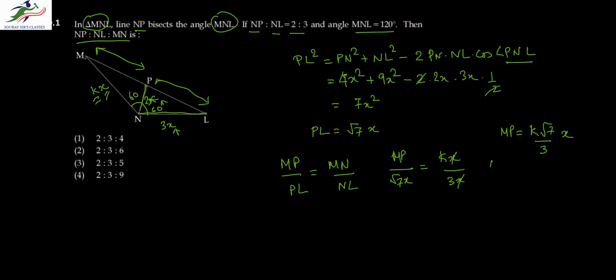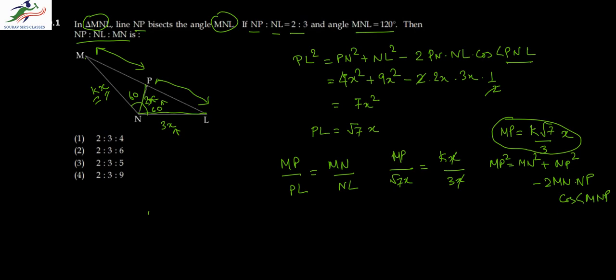So we can write MP square is equal to MN square plus NP square minus 2 MN into NP into cos of angle MNP. Or we can write MP square, which we have found out as k by 3 root 7 x, which means MP square is the square of that.